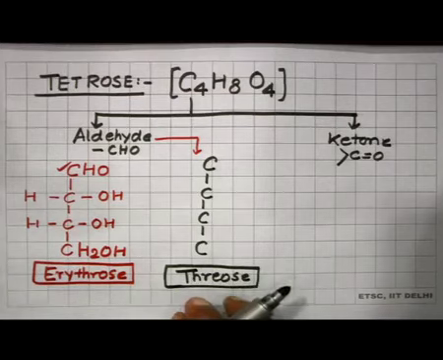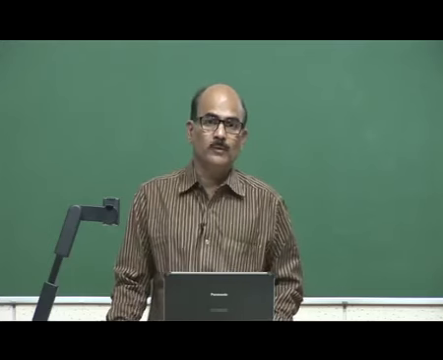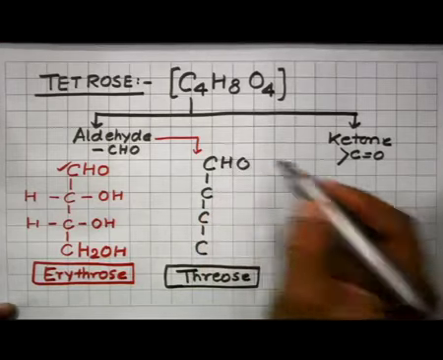Now, we already know that threose is a type of aldehyde. So, the CHO group will be found at position 1.